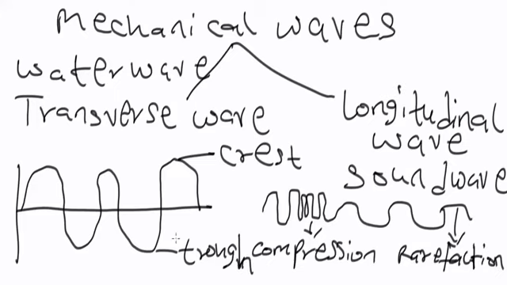The distance between the peak and the midpoint is known as the amplitude, A. So this is basically the difference between transverse wave and longitudinal wave under mechanical wave. Let's wipe this now and look at the parameters used in wave motion in physics.